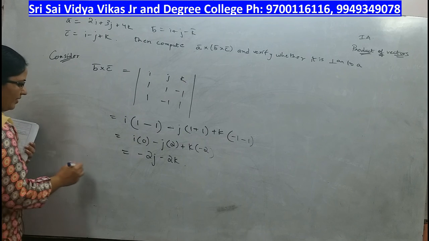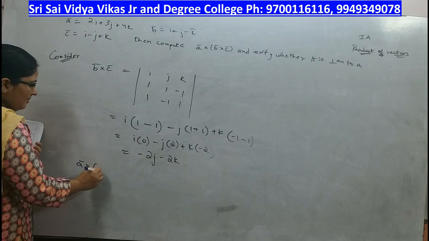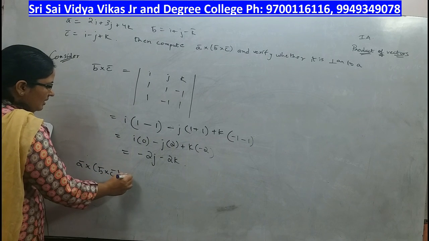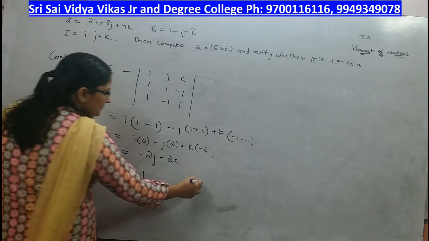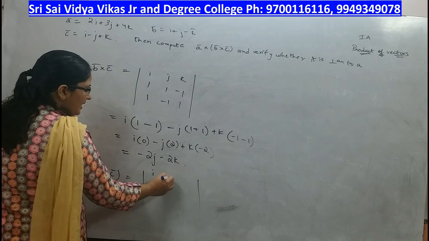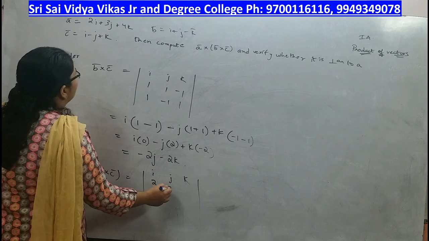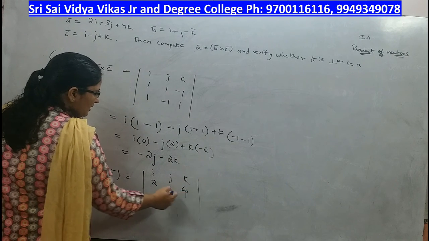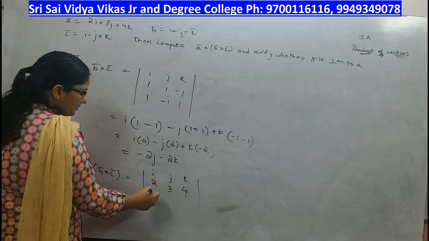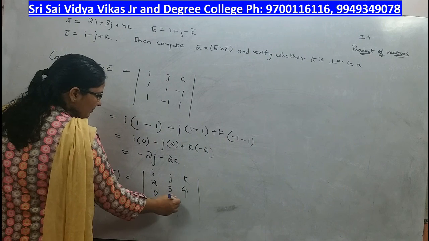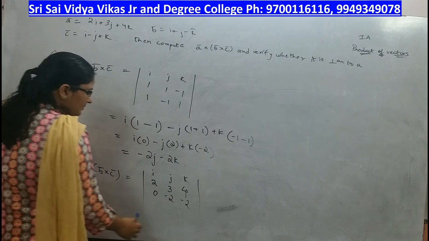Now you have to find a bar cross b bar cross c bar. That is nothing but i j k, a bar is 2 3 4, b bar cross c bar is 0 minus 2 minus 2.